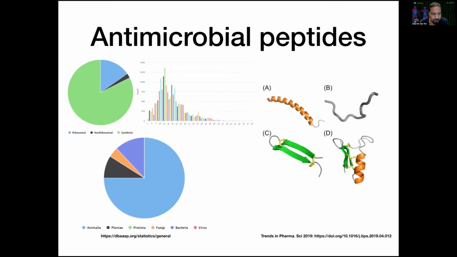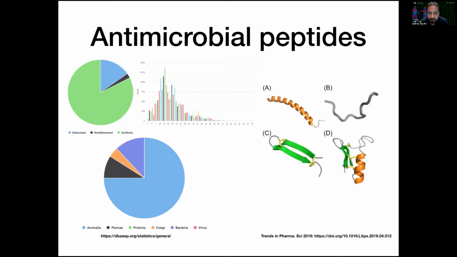And in the bottom panel, you will see that most of the antimicrobial peptides identified so far come from animalia. And this is an important observation, considering that in animals, antimicrobial peptides may have more than just the antimicrobial activity.